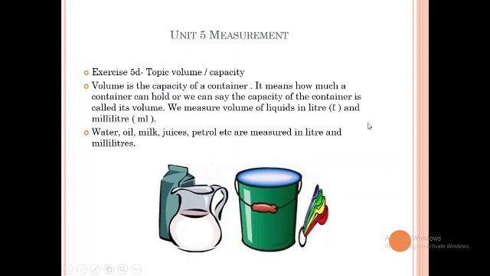The purpose of reading this topic is to make you aware of the units of measurement that we are using in our daily life.